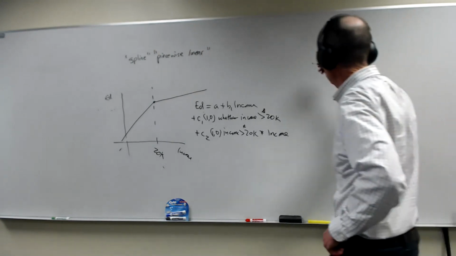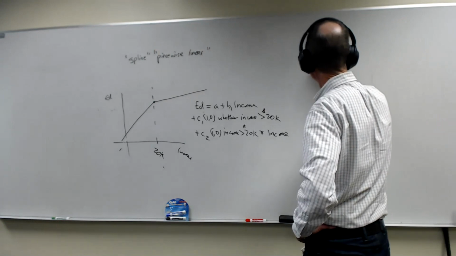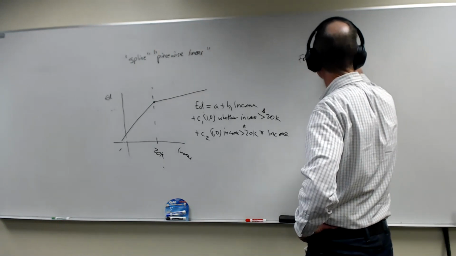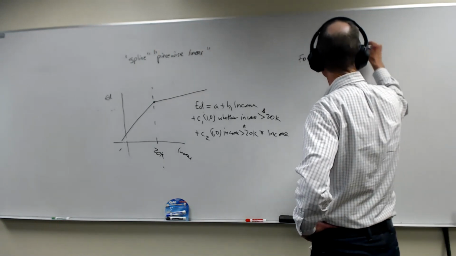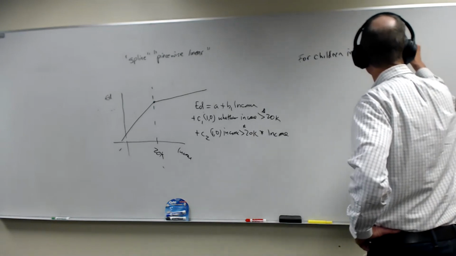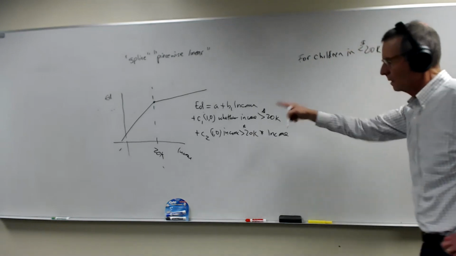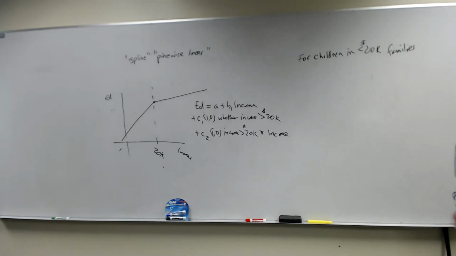So let's first take children in less than $20,000 families. What equation is this reduced to for those families?